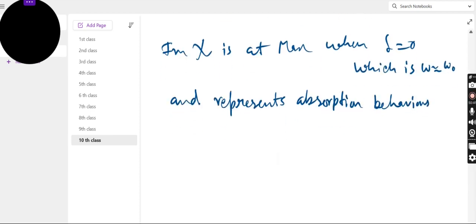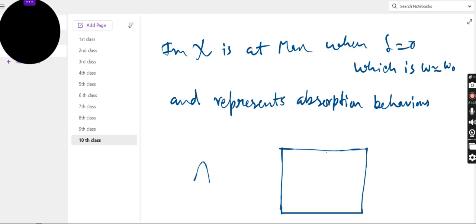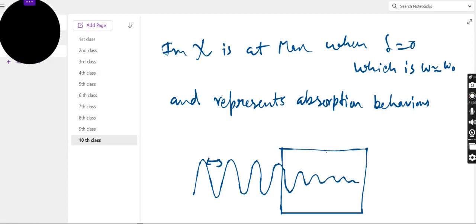So from this, we get to know light or electromagnetic wave incident on a medium, then it starts falling, because here it is lambda naught and here it is lambda naught again.